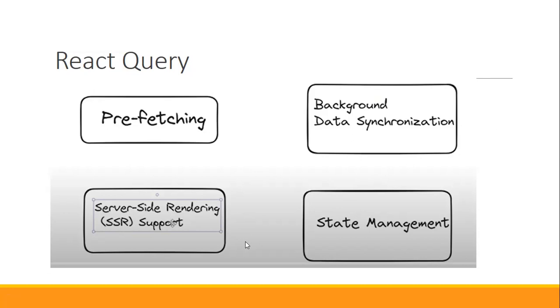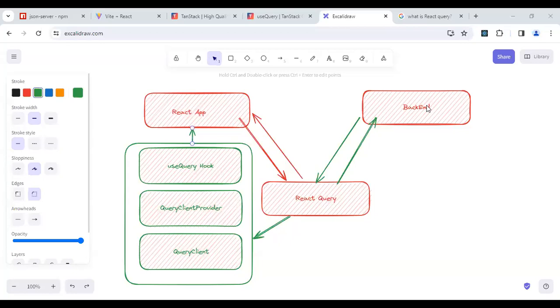Now we will see some practical concepts. To understand React Query, obviously in our example there should be a backend as well as a React app, right? The backend will provide us the API or data we want. I have already created one backend which is available.